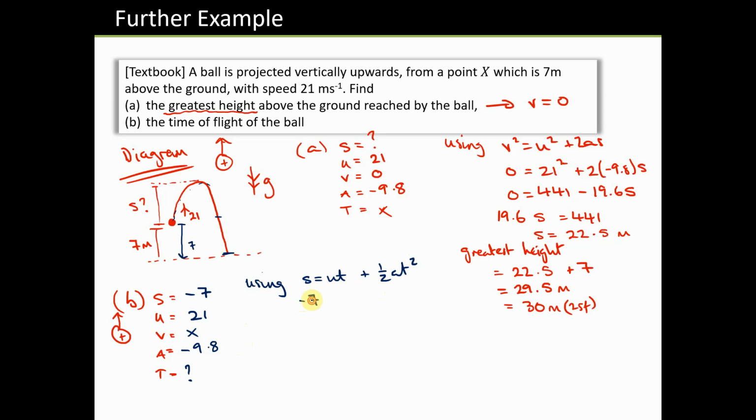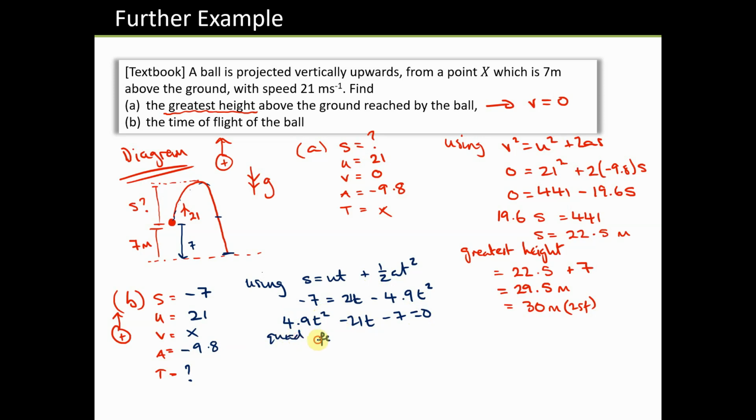So let's sub in my values. Minus 7 equals 21t, and this will be minus 4.9t squared. I've done a half times minus 9.8. I'm going to get this equal to 0 so I can solve it. So I've added 4.9t squared and subtracted 21t. I'm just going to use the quadratic formula on here.